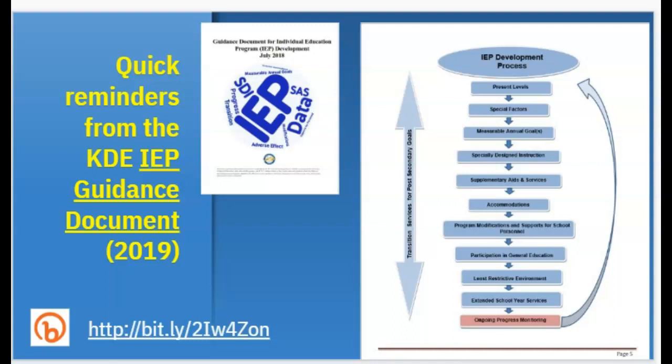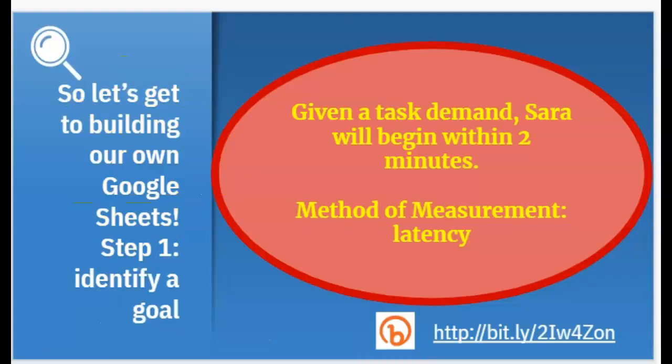Each and every element of the IEP is informed by the progress monitoring data that we've collected, and so we want to make sure that what we're identifying as that key behavior truly will help us inform decisions to help a student make progress.